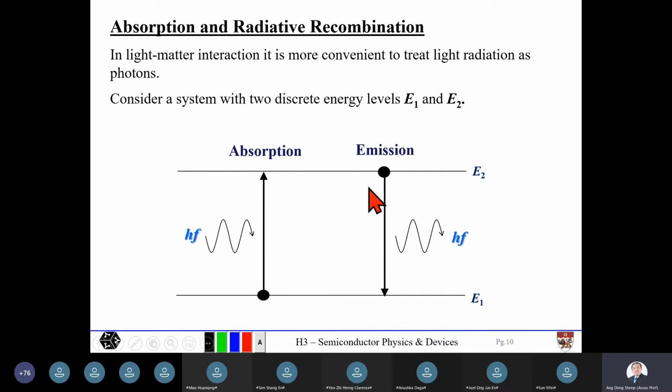The energy difference E2 minus E1 must be conserved, and it can be emitted as light if certain conditions are met. That's the basic concept behind absorption and radiative recombination. Recombination that results in the emission of light is called radiative recombination.